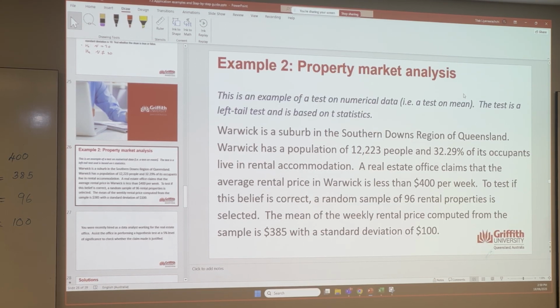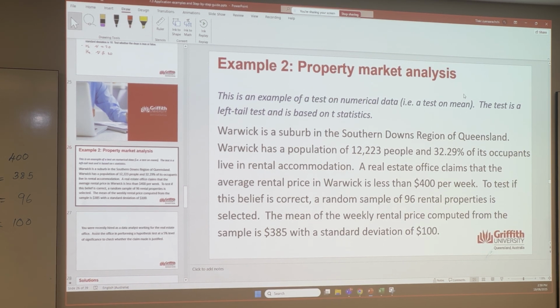You should be able to handle when you have the population standard deviation and when you don't. The real world is more complex.